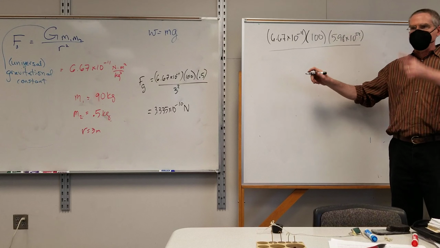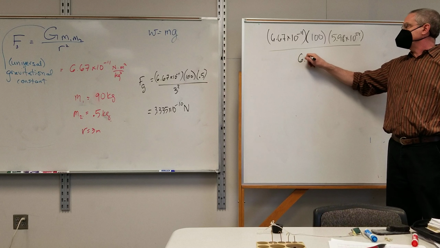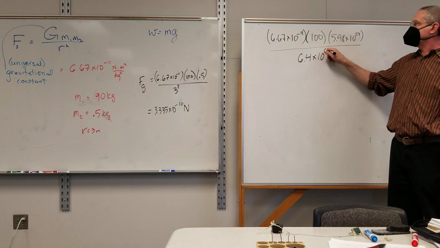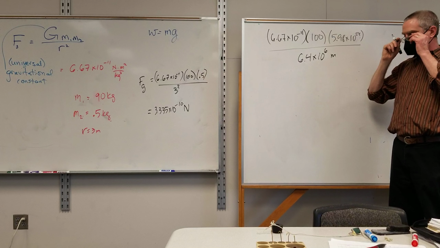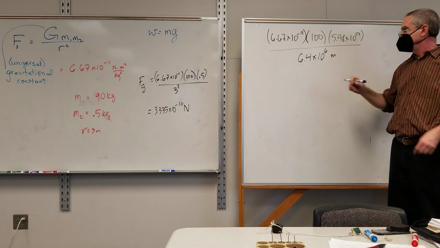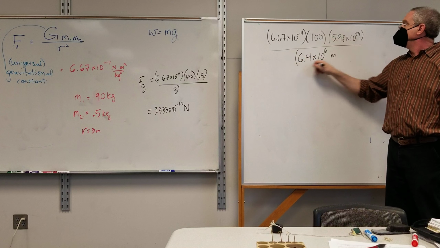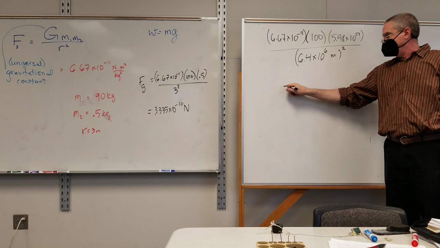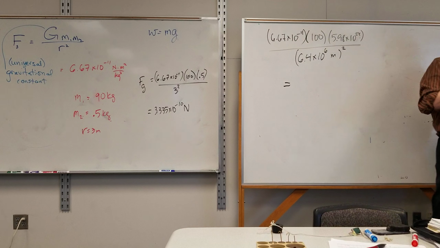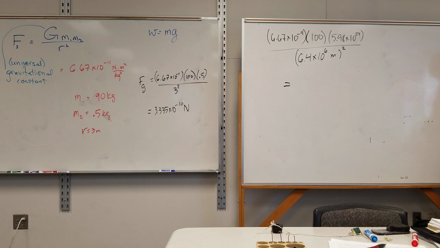So it would be the radius of the Earth, roughly 6.4 times 10 to the 6th meters, or 6,400 kilometers, squared. I think 6.37 or 6.38 is a little bit closer, but 6.4 is good enough.